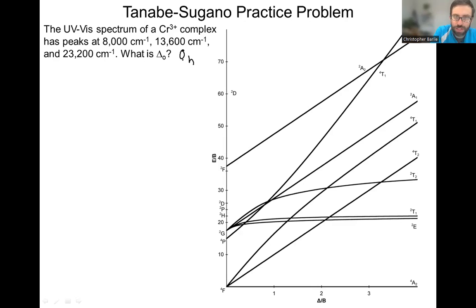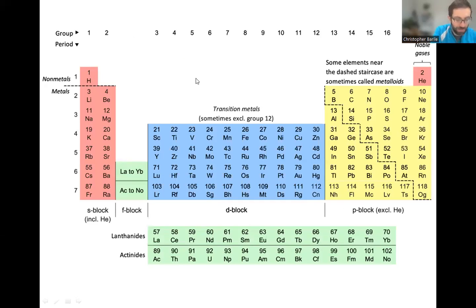We first need to figure out how many d electrons we have, so we know which Tanabe-Sugano diagram to use. We're a chromium 3+. Chromium is in group 6, so chromium has 6 electrons, but we're in a 3+ oxidation state, so we remove 3 of those electrons. So we get 3.